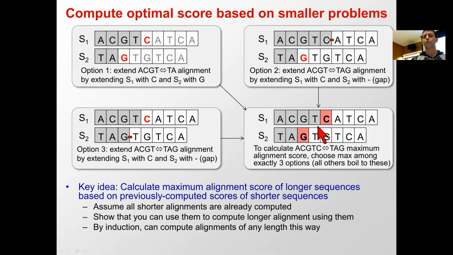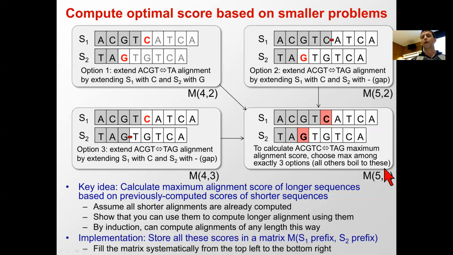Basically this 5-3 subproblem can be computed either based on the 4-2 subproblem, or based on the 5-2 subproblem, or based on the 4-3 subproblem. This is kind of cool, right? I don't have to worry about sequences anymore. I just have to worry about entries in the matrix. And I just have to fill that matrix from the bottom up to make sure that I have all of the smaller subproblems when I need the bigger subproblem.